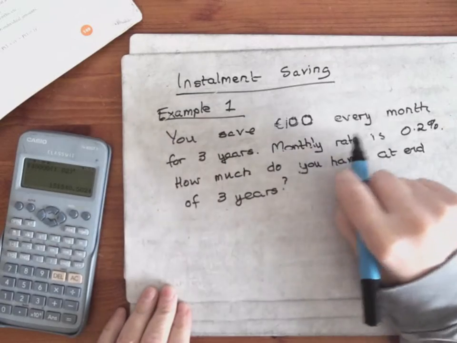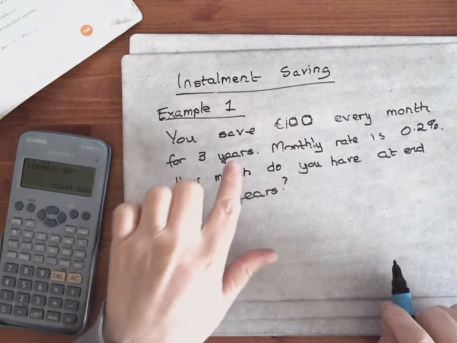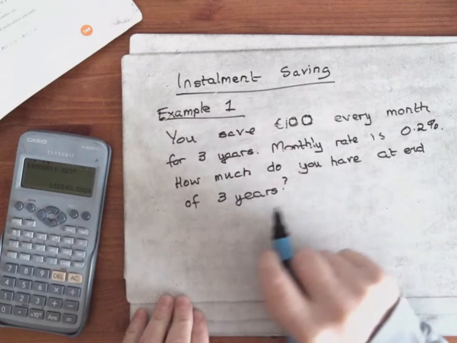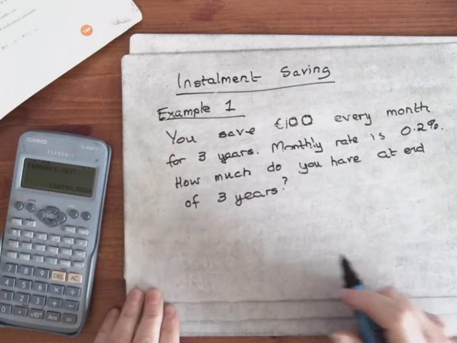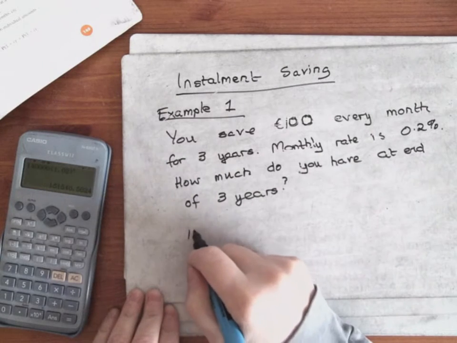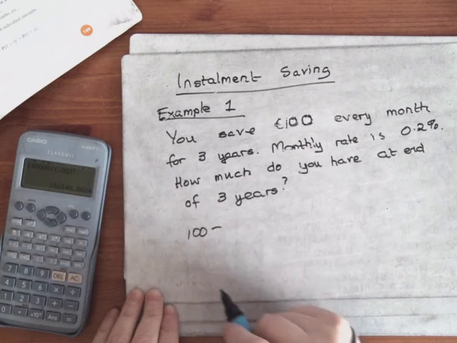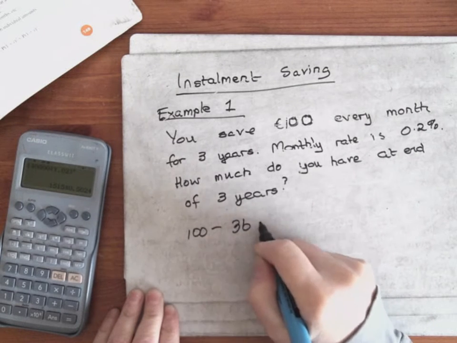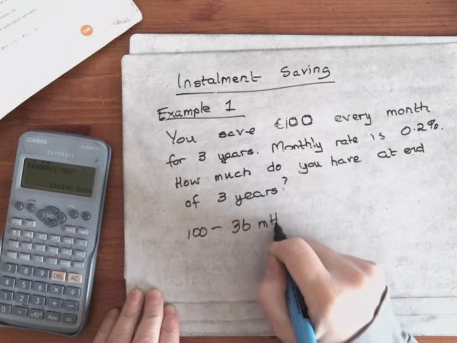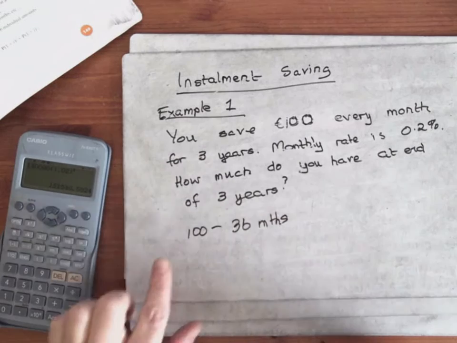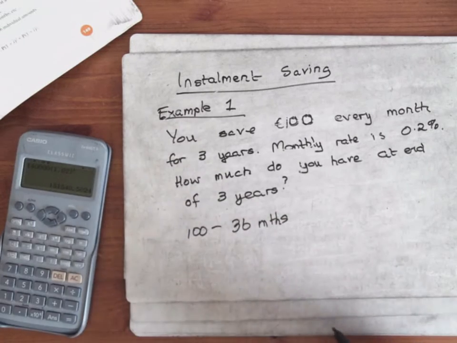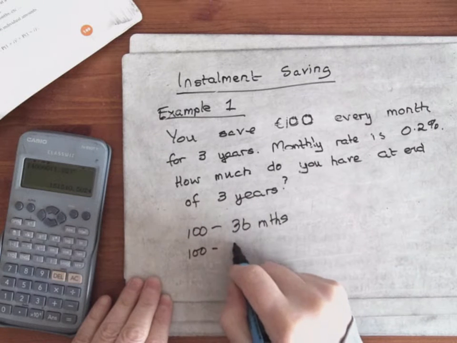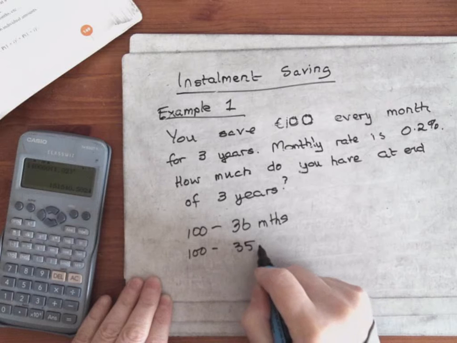You save €100 every month for 3 whole years. Monthly rate is 0.2%. How much do you have at the end of 3 years? So the first €100 you put in is going to be in for 3 times 12, or 36 months. Isn't that right? The second €100 is going to be in for 35 months.